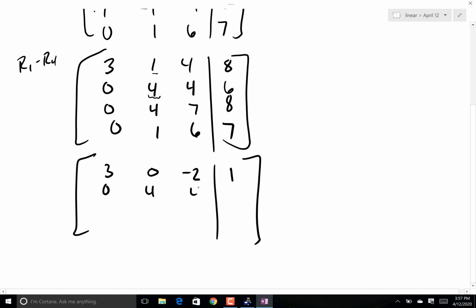Not changing the middle row, because again, I need that guy to stay put to get the right format. I need this guy to go away, so I'm going to do R2 minus R3. So that would be 0 minus 0 is 0, 4 minus 4 is 0, 4 minus 7 is -3, 6 minus 8 is -2.